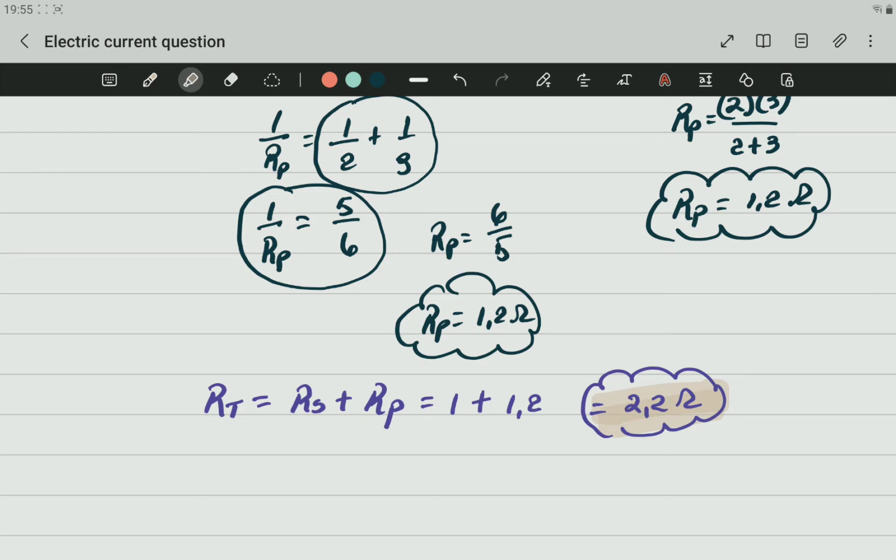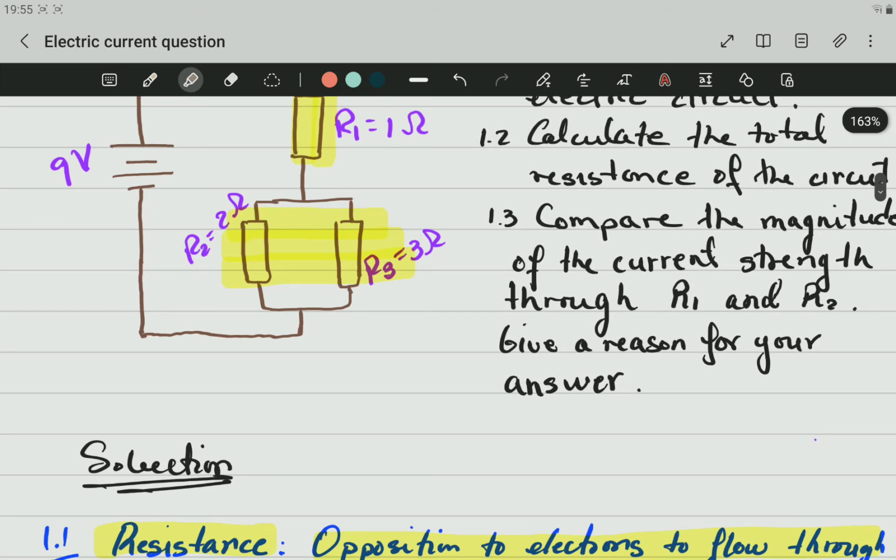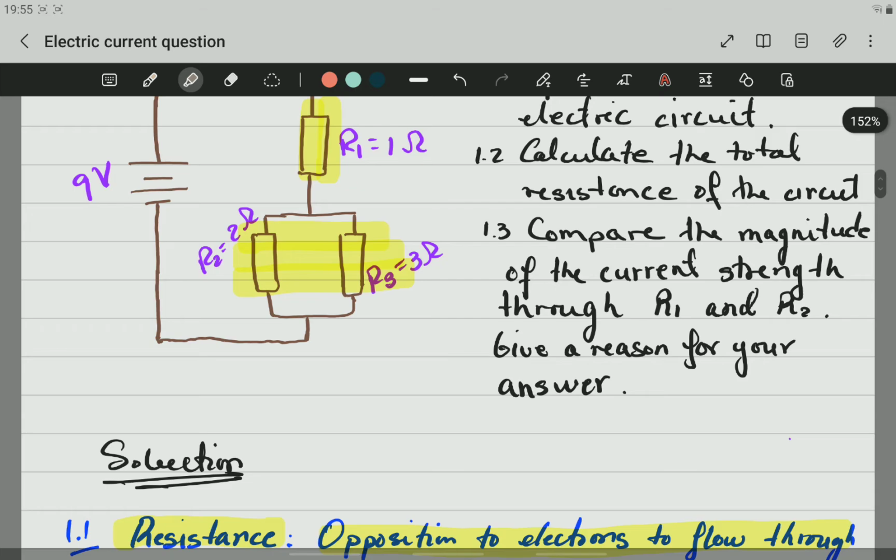Okay, so now the next question, or the last question, is very simple. In this question, they say compare the magnitude of the current strength through R1 and R2. Give a reason for your answer. So all you have to say is which one is greater and which one is smaller.